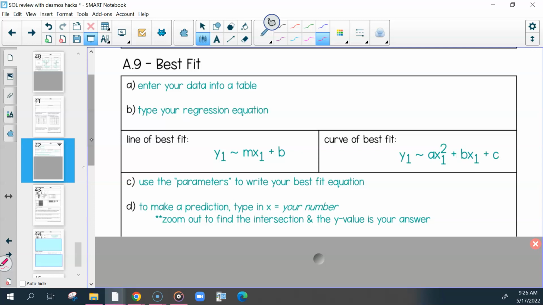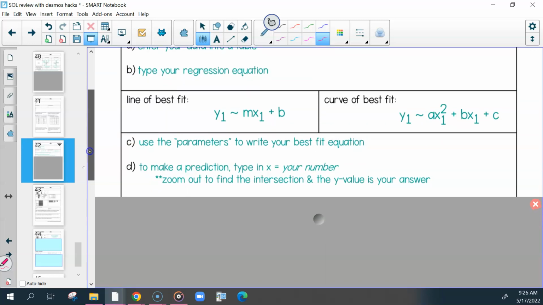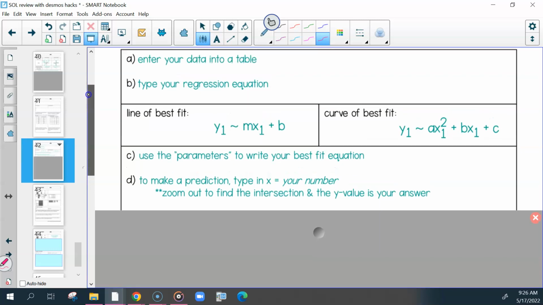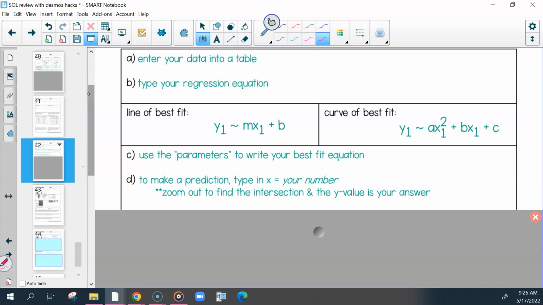The parameters are your A, B, and C, or your M and B values they give you. Use that to type in your line or curve of best fit equation. To make a prediction, you can put that into a table and put X in, or you can type in your X number and zoom out to find the intersection.